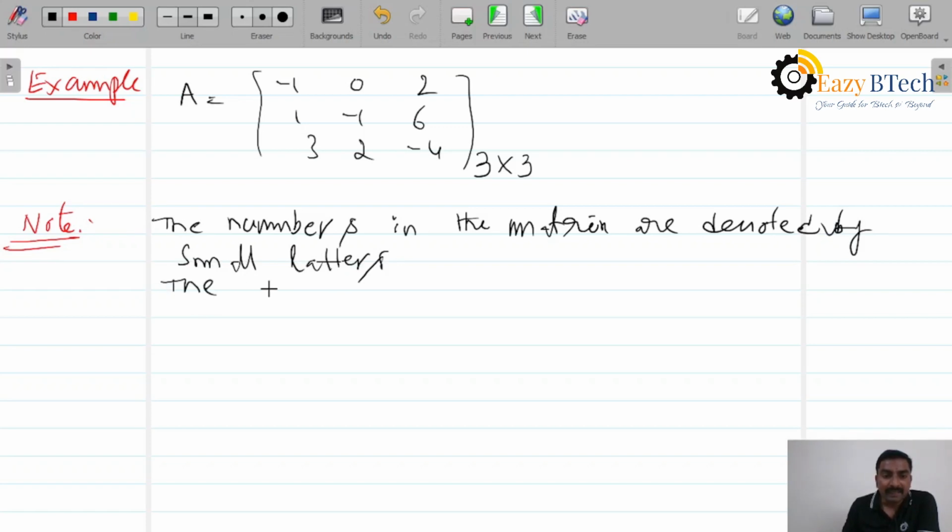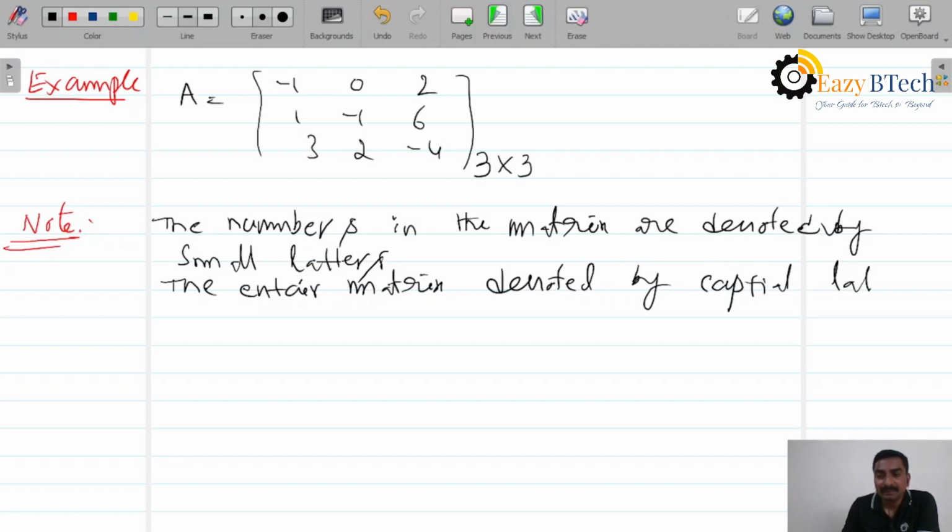The entire matrix is denoted by capital letters. For example, capital A equals a, b, c, d, e, f.